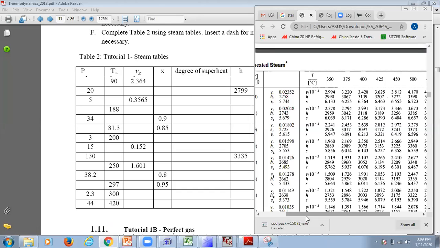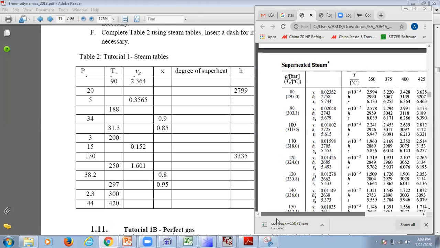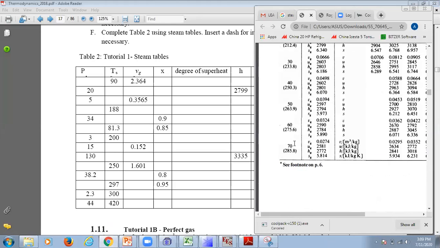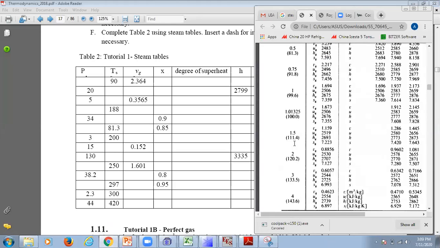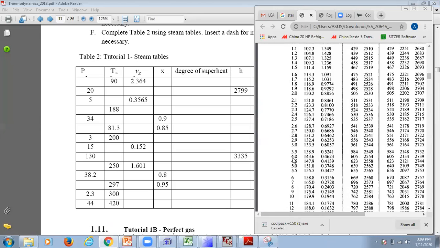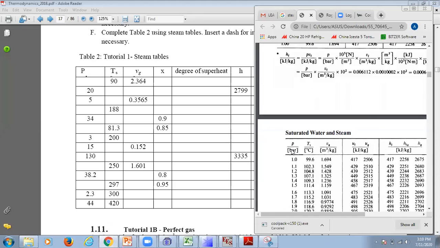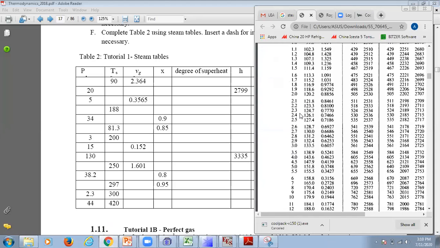For pressure 2.3 bar, let's say first saturated 2.3 bar. Your temperature is 124 only for saturated. So this is surely superheated. So you have to look into the saturated table.